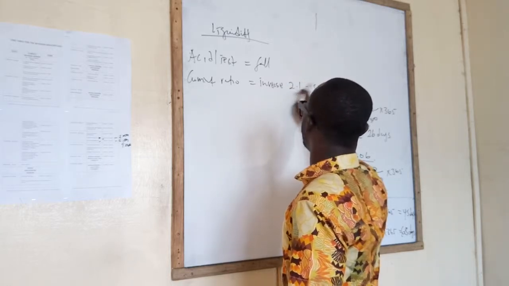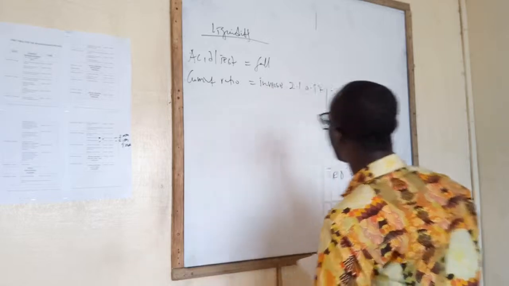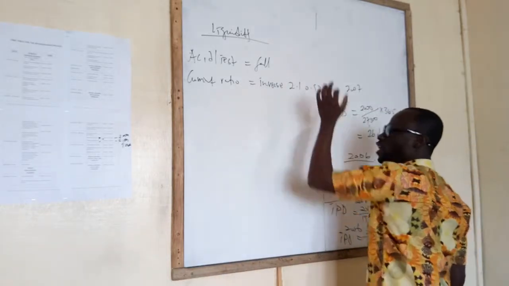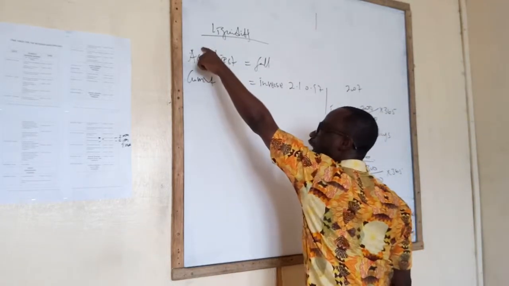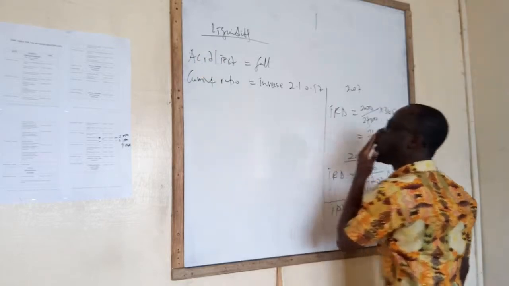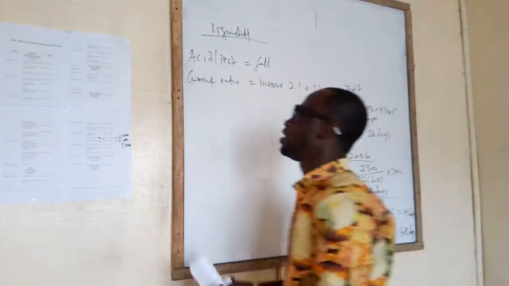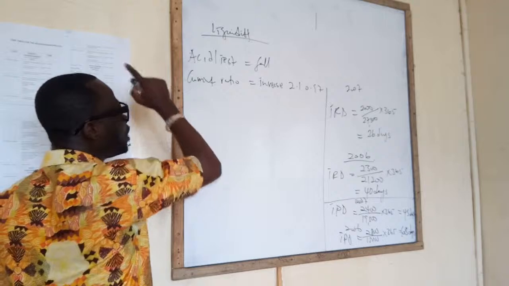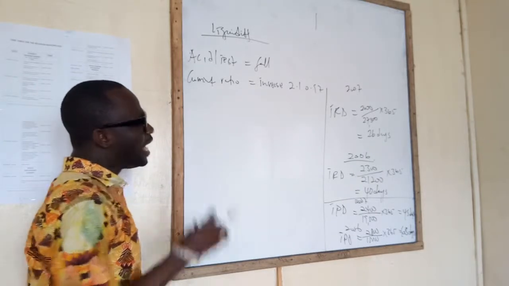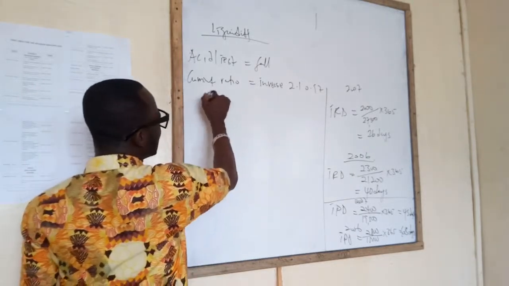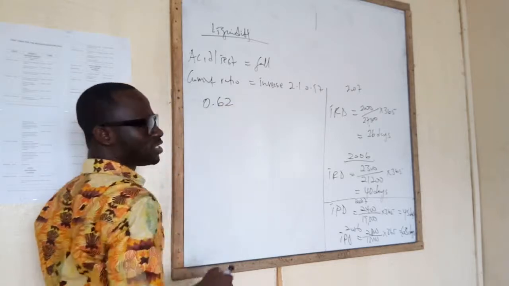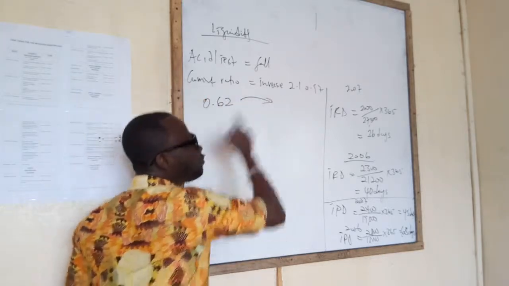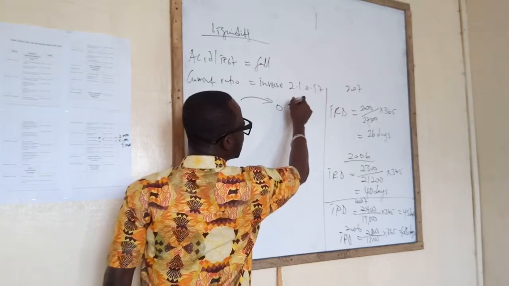But you know the crux of liquidity is really the acid test ratio. So if you check, what do you say about liquidity for the company? In 2006, the liquidity was 0.62. Now it has even fallen further.